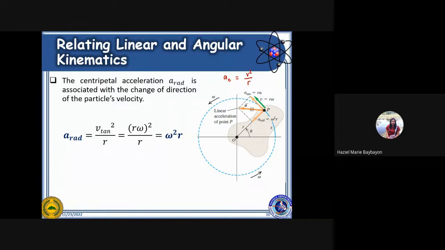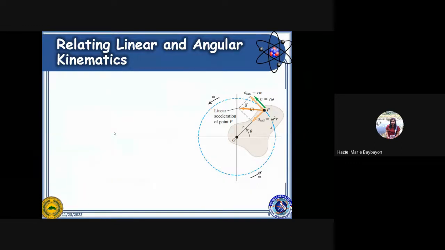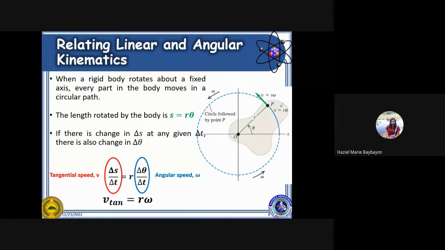And then replacing R omega for velocity. So we know that V tangential, which we got earlier from the previous slide, is equal to R omega.